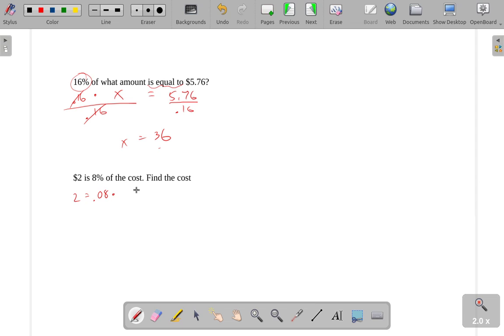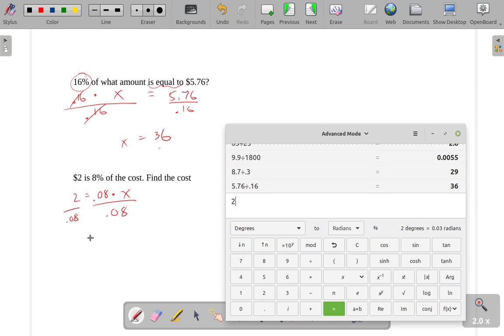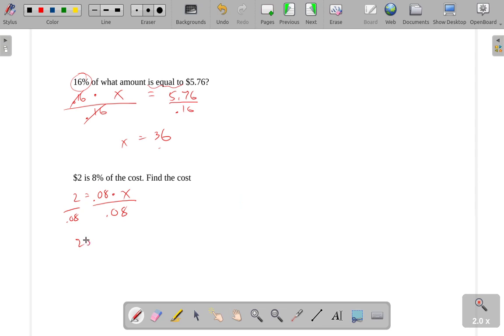Of becomes times, and the cost is unknown here, so that'll be x. $2 is 8% of the cost. Find the cost. Okay, well, I need to divide both sides by 0.08, because that's the thing I want to get rid of. 2 divided by 0.08 is 25. The cost must be $25.